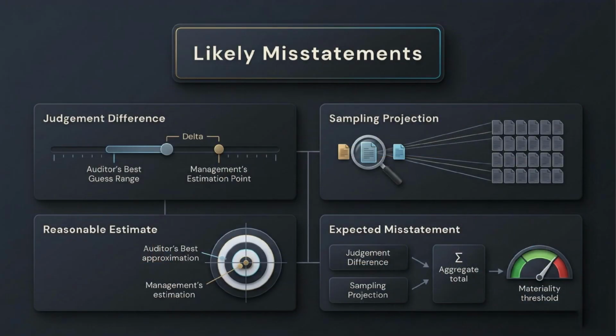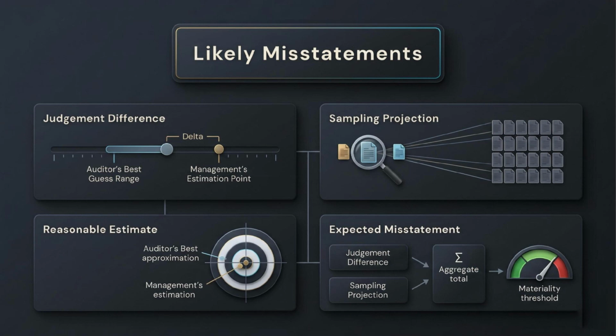Sampling projection is another source of likely misstatement. If auditors test a sample and find errors, those errors cannot always be limited to only the tested items. The sample represents a larger population, so the error rate or dollar error found in the sample is projected to the full population, producing an estimated likely misstatement.